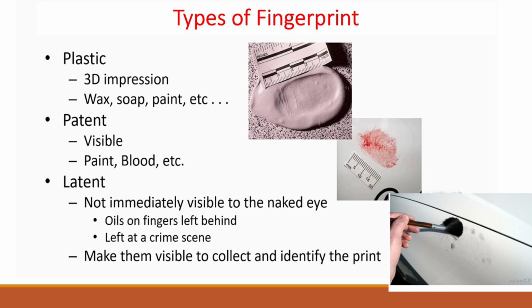Patent is a visible print that is left after a human being might have touched a surface. Patent fingerprint is made when the finger had already touched liquid like blood, liquid paint, or ink, before touching another surface.